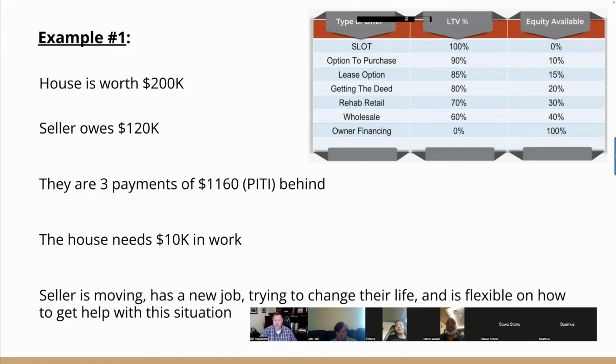So if you put down $1,160, right? $1,160 times 3 is $3,480 plus the 10 grand. So you're going to have $14,000 into this house. If you sign a lease with an option with them, is your $14,000 protected?